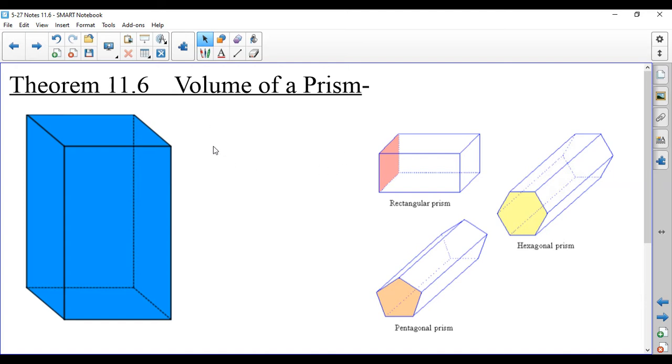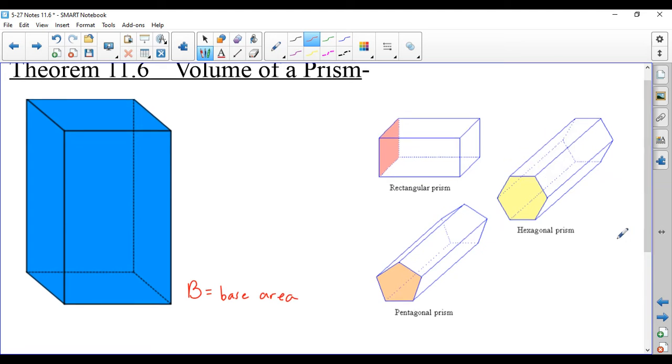In order to find the volume of a prism, these are not formulas that we're going to prove because the way that they are proven is using calculus. So when you have a right prism, what we need to talk about is capital B, which is the base area. We use lowercase b for the base of a triangle or the base of a trapezoid, but capital B is base area.